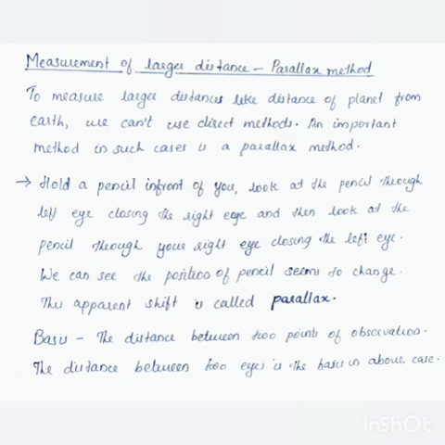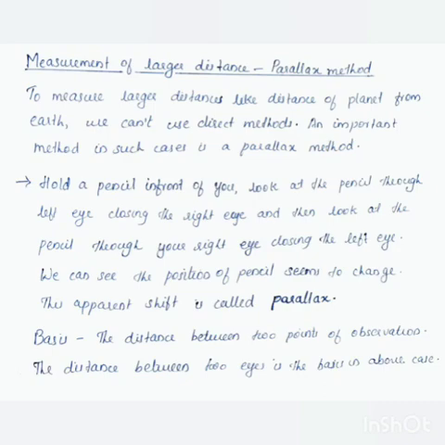To understand the concept of parallax, hold a pencil in front of you. Without changing the position of the pencil, keeping it stationary, look at the pencil through one eye. First look at it through the left eye, keeping your right eye closed. And then look at the same pencil through your right eye, closing the left eye.